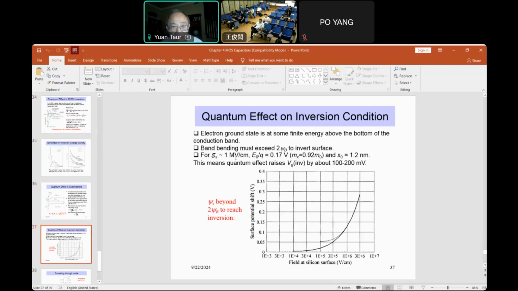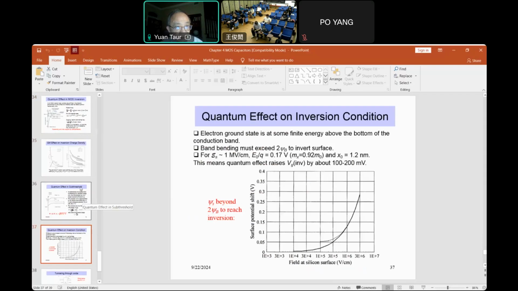So in other words, the quantum effect will raise the threshold voltage for this inversion condition on VG by about 100 to 200 millivolts. Okay? So this becomes an appreciable effect.